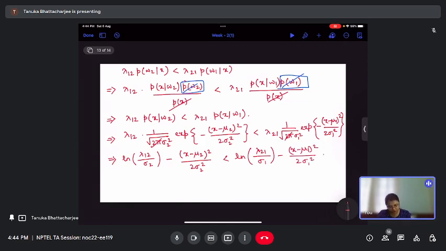Right. Now let us take everything on the left side.